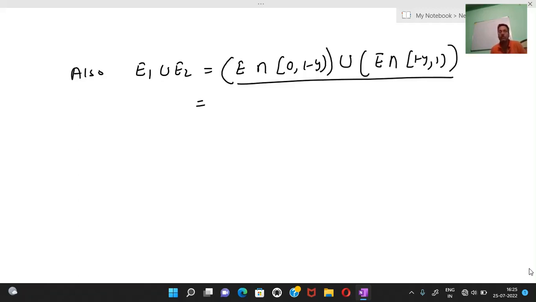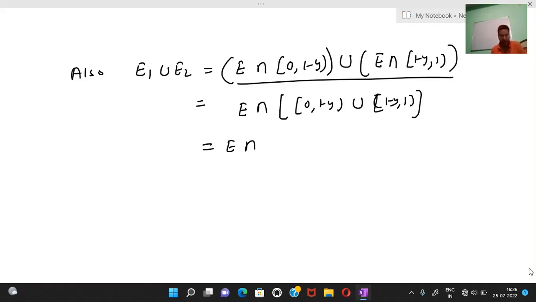Here E intersection [0, 1 minus y) union E intersection [1 minus y, 1), we can write as E intersection the union of [0, 1 minus y) and [1 minus y, 1). This is a very easy concept in set theory.